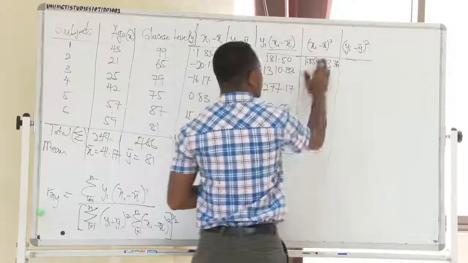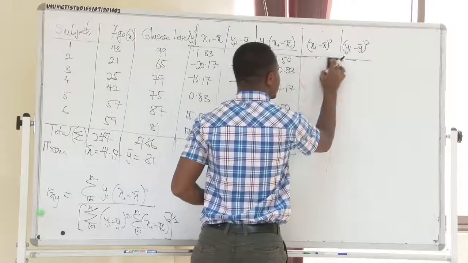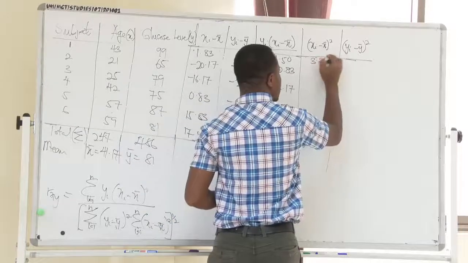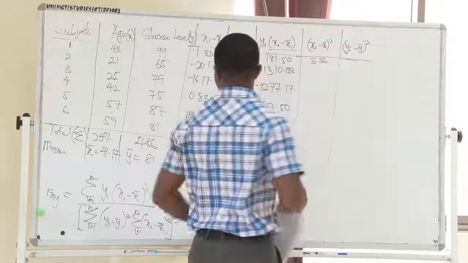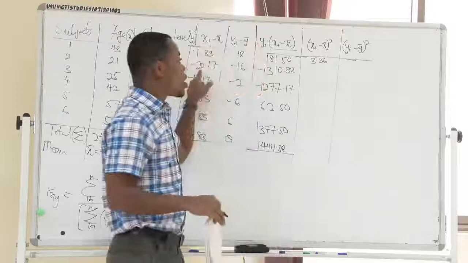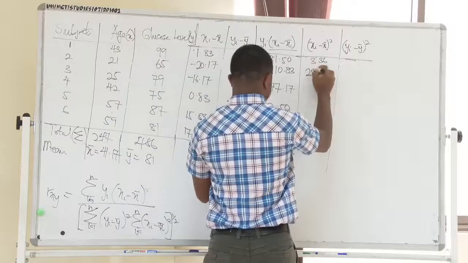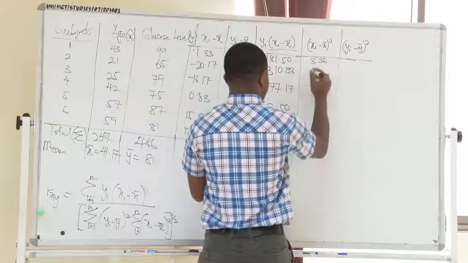So in place of the whole of this, let's clear this and write down 3.36. Now the next value, for the second row, is going to be negative 20.17 squared, and this will land us at 256. Okay, this is correct.